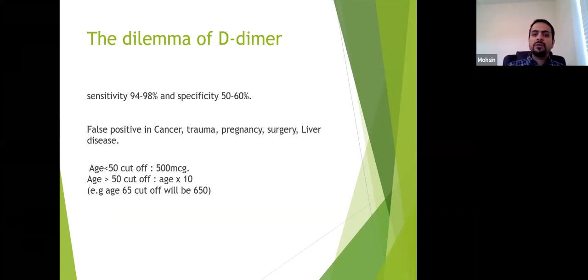If they're 80 years old, their cutoff will be 800. That's how you use a D-dimer in the context of PE, because it can be falsely positive in a lot of patients without PE, and you just go down that rabbit hole, digging a hole for yourself and going for CTPAs, unnecessary investigations, unnecessary treatments. So just think about that.